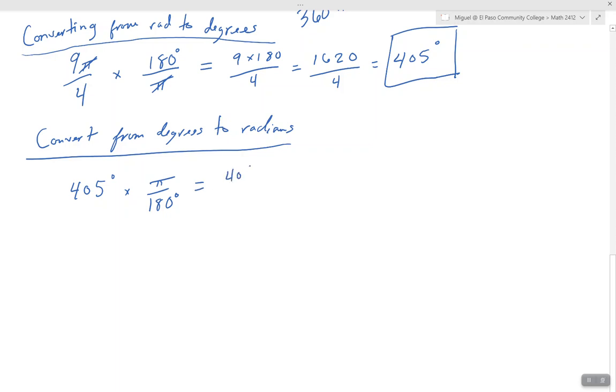So this would be 405 pi over 180. So you got that fraction of 405 over 180. Then you start reducing it. They're both divisible by 5 or whatever you find. Keep reducing it all the way down till you get 9 pi over 4.